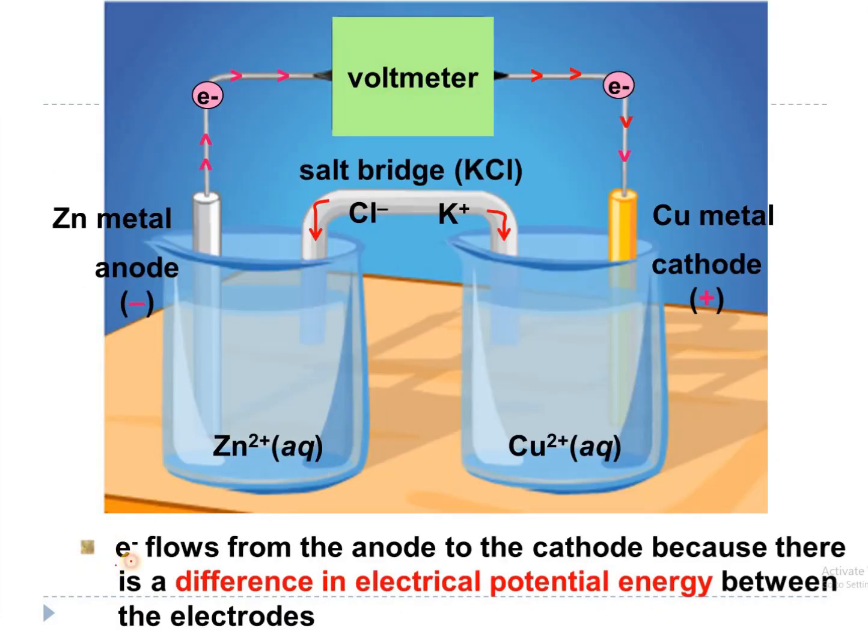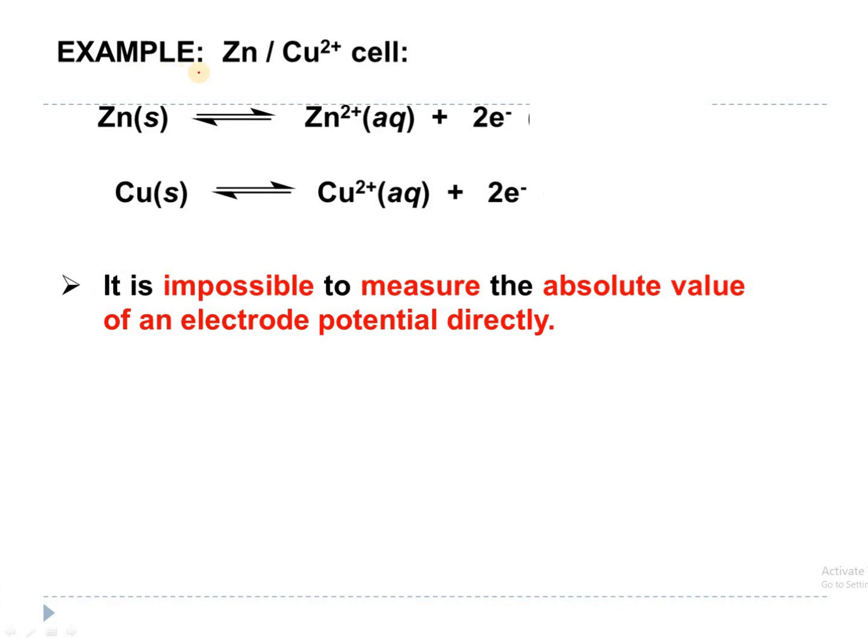For your information, electrons flow from the anode to the cathode because there is a difference in electrical potential energy between the electrodes. For example, we have the zinc copper cell or galvanic cell, and it is impossible to measure the absolute value of an electrode potential directly.